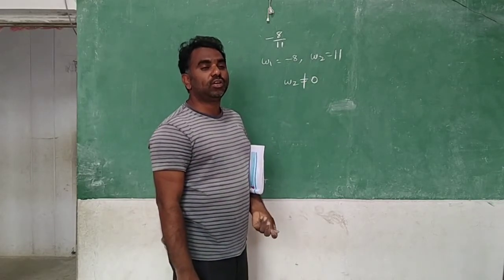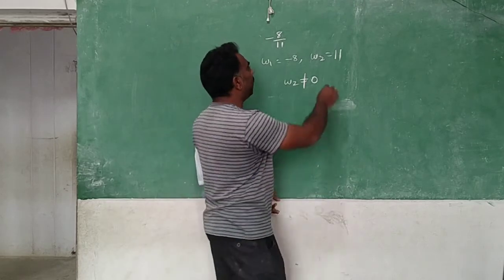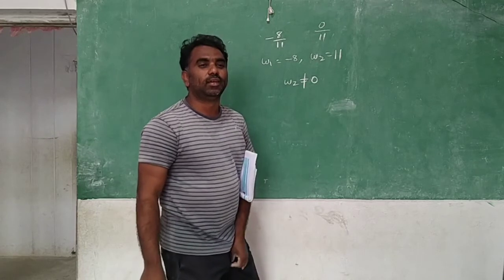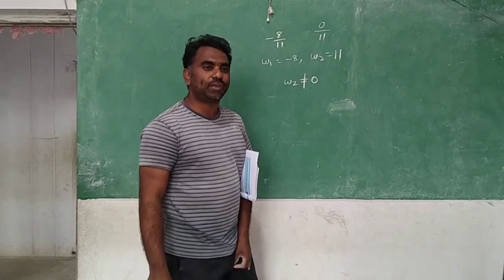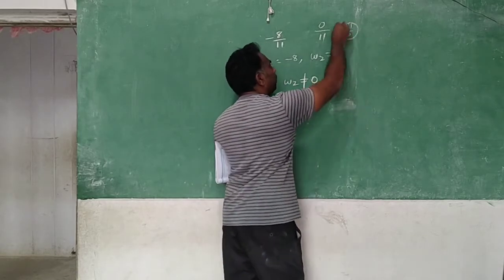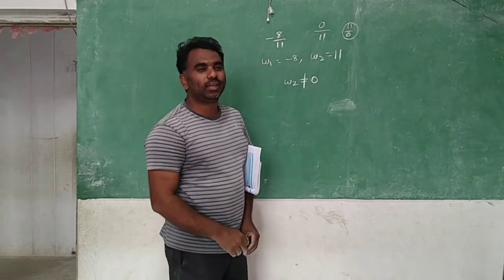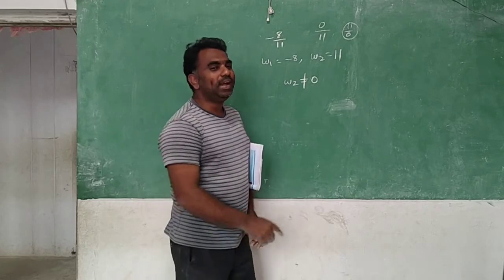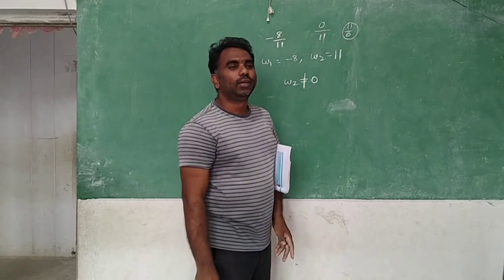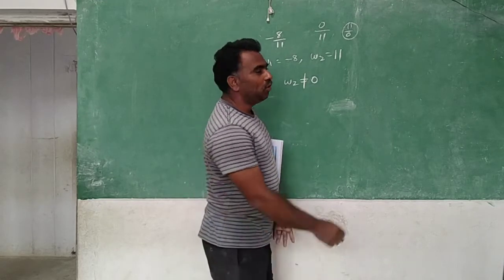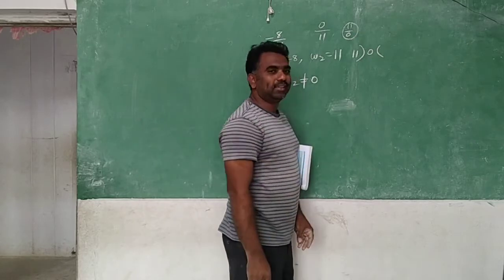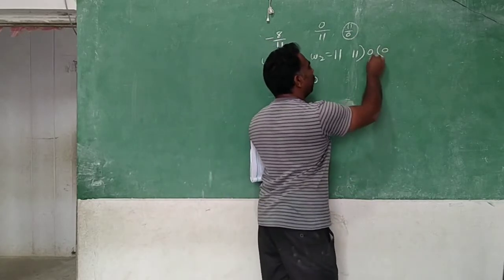You can write fractions like 0 by 11, which is a fraction only, no problem. 0 by 2 is also a fraction. 11 by 0 is not a fraction because there is no meaning. 0 by 11 means you divide 11 things among 0 members... no, 0 by 11 means dividing 0 into 11 parts, and 11 zeros are 0. Answer is there.